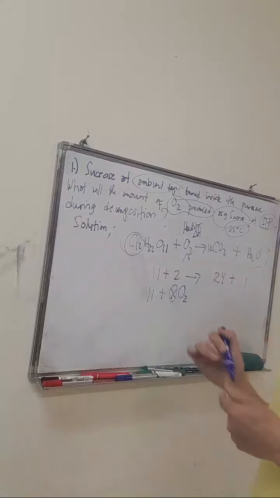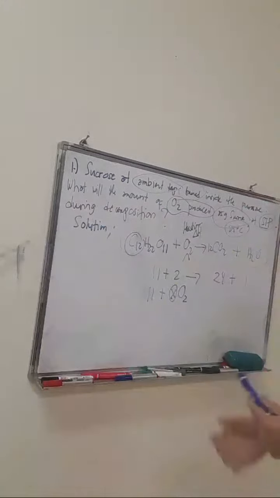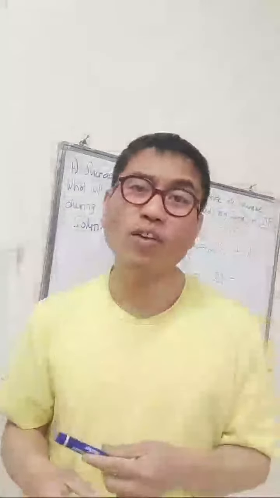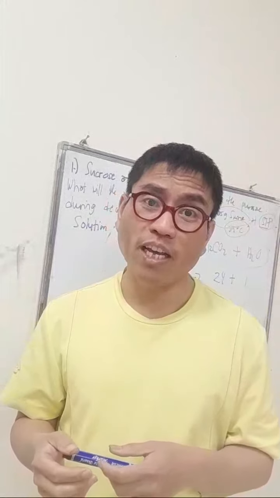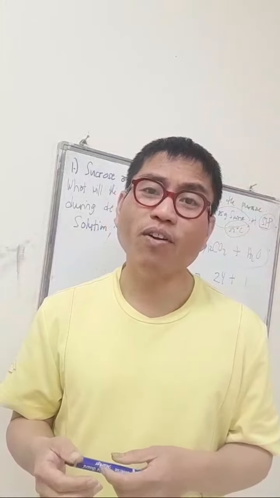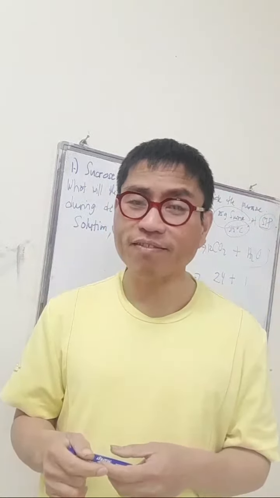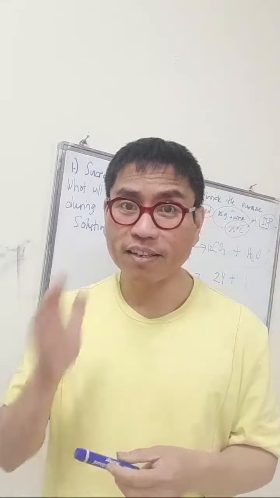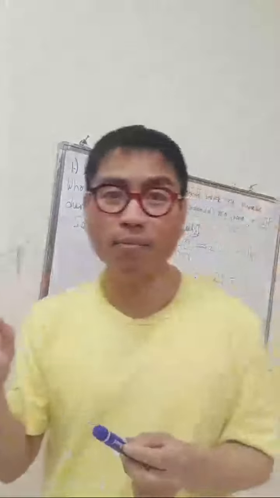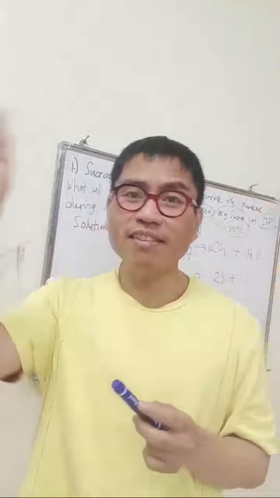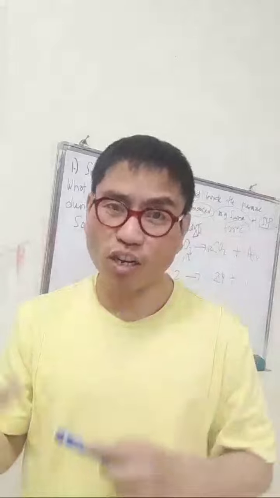X meaning an unknown number of atoms of oxygen to balance the number of oxygen in the product, in the law of conservation of matter or law of conservation of mass principle in a steady state flow. Meaning time independent. The chemical reaction here is not dependent with time. It's not dC over dt, meaning there's no concentrations involved.